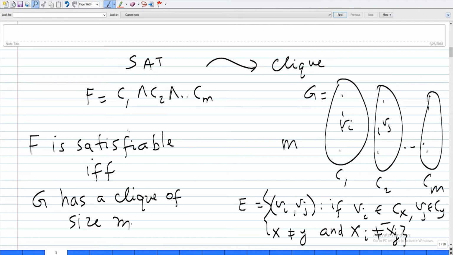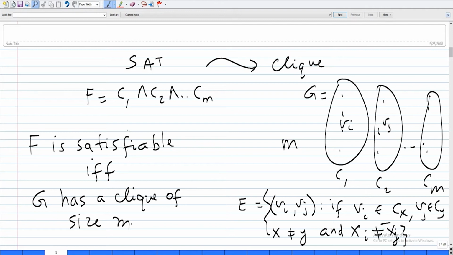And conversely, if you have an M clique, can the M clique pick two vertices from one clause, one set? Why not? Because I didn't draw an edge between any pair of them in each set. It's a clique, so there is an edge between every pair of them. So, if there is an M clique, it should necessarily contain exactly one from each set.